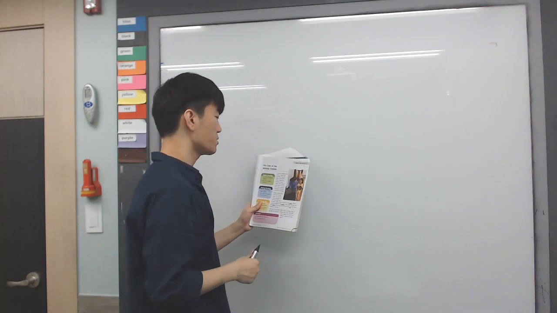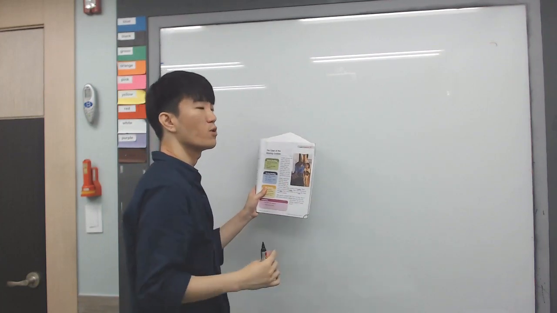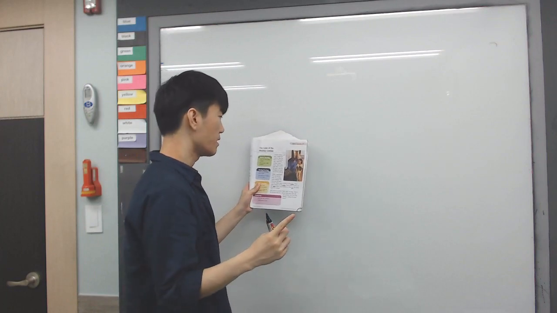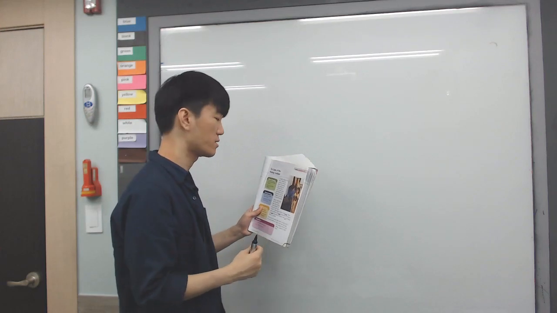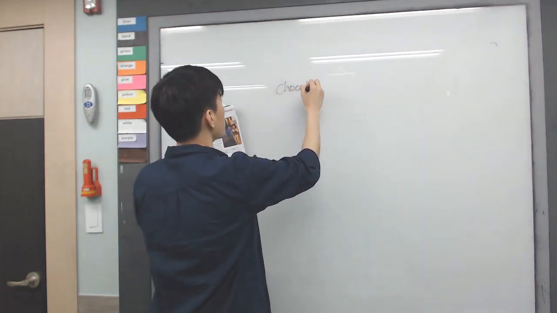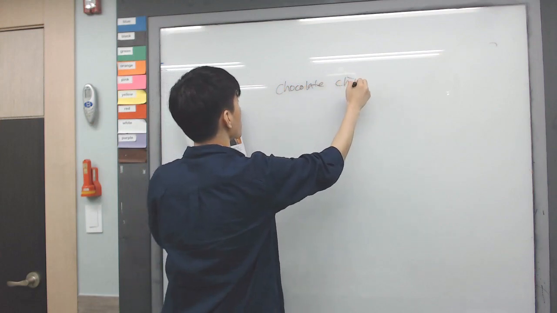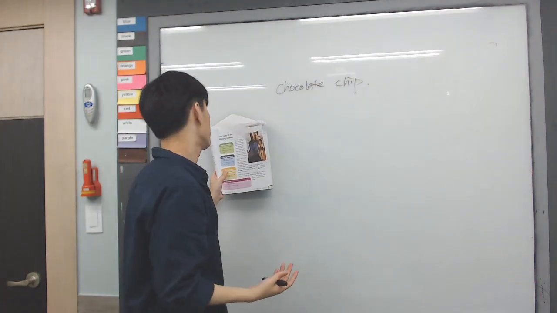So with this first paragraph, this girl made cookies one day, just one day, and she made the cookies she likes the best, the most. That is chocolate chip. This is what she likes the most, the best.